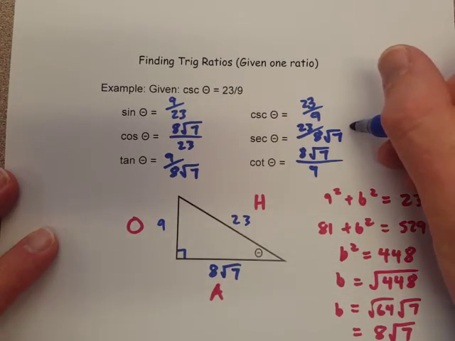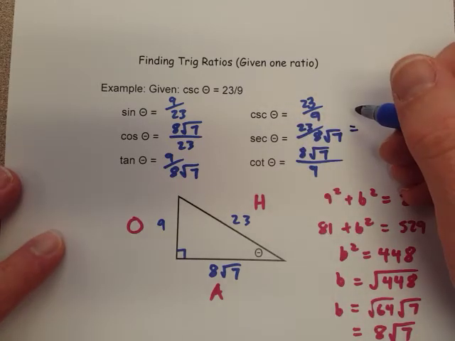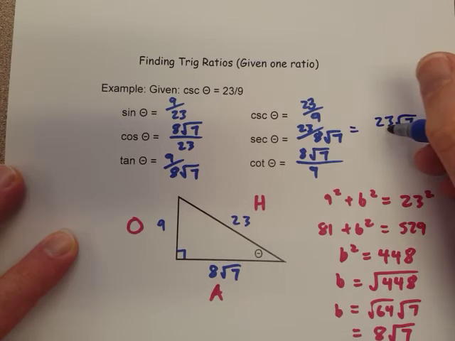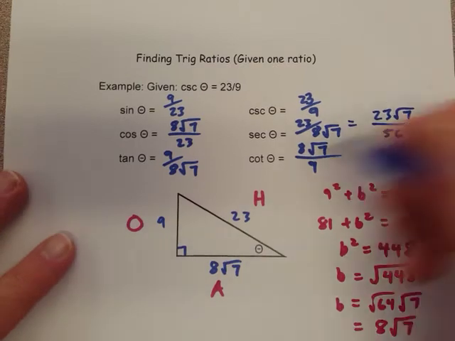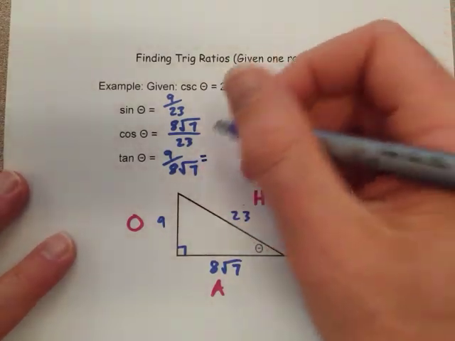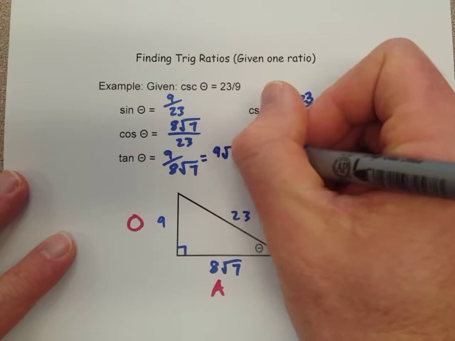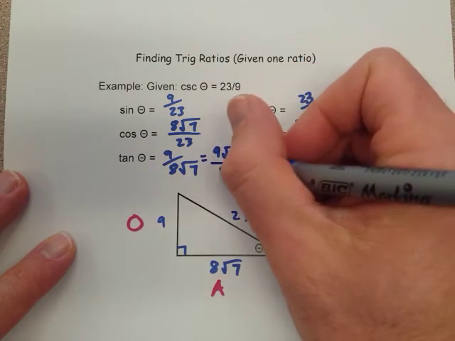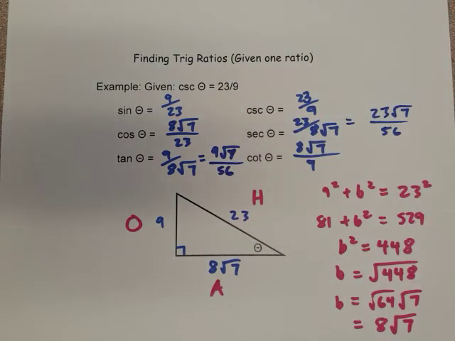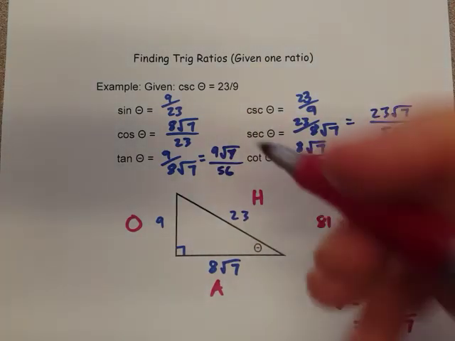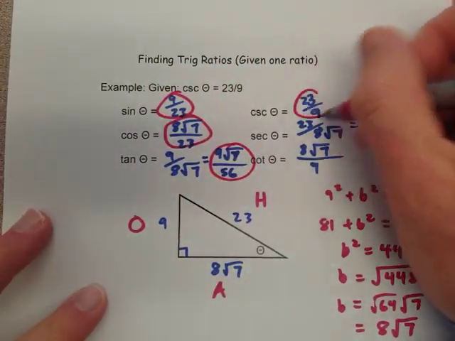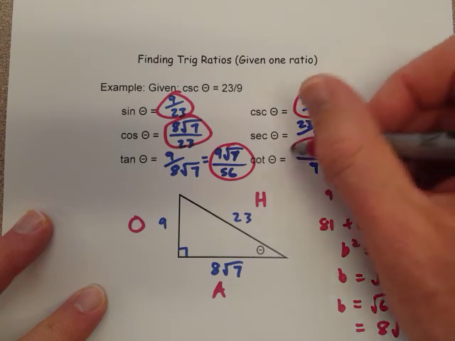So if we do, just skipping the details here, that ends up being 23 square root of 7 divided by 56, and then this one ends up being 9 square root of 7 divided by 56. So now we've got all of our ratios here. We've got sine, cosine, tangent, cosecant, secant, and cotangent.